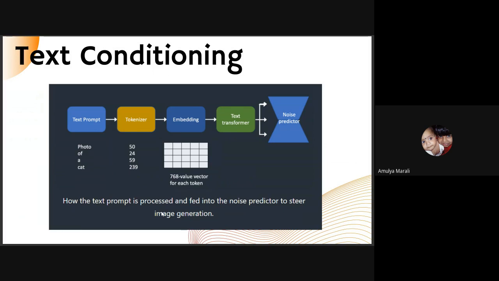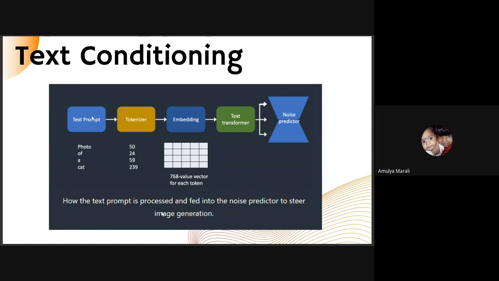So the Stable Diffusion latent diffusion model makes use of the CLIP tokenizer. I think OpenAI has created it, and these models make use of such tokenizers in order to generate images along with text prompts. So we'll understand how the tokenizer works.